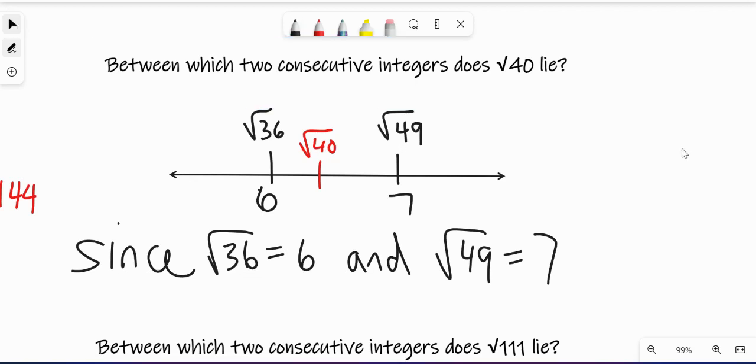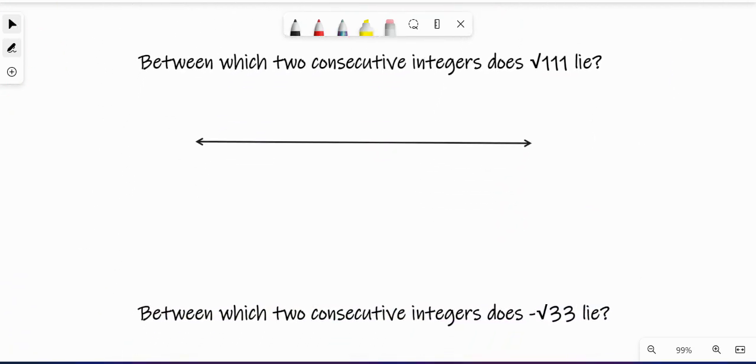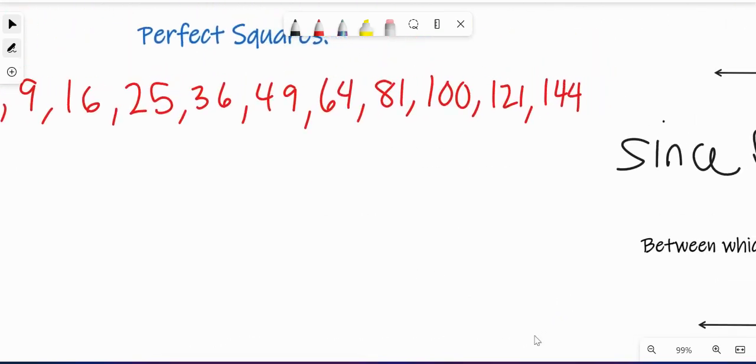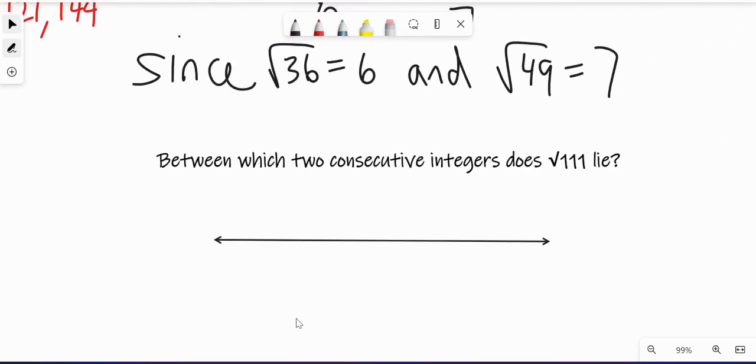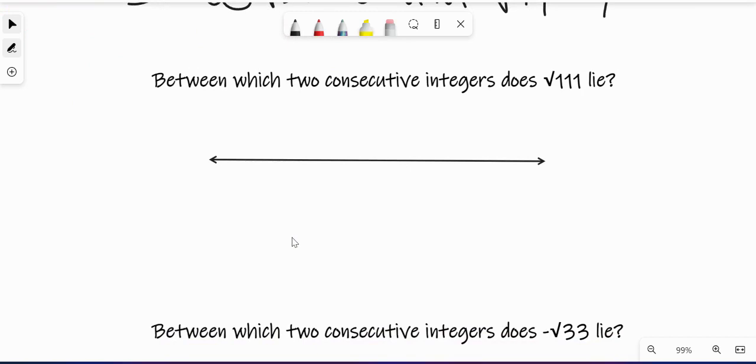Okay, let's take a look at the next one. Square root of 111. Where does that lie in between? Okay, 111, right in between 100 and 121. So when I graph this, it's going to be between the square root of 100 and the square root of 121, which is, square root of 100 is 10, square root of 121 is 11. So it's going to be a tiny bit closer to 121, right?